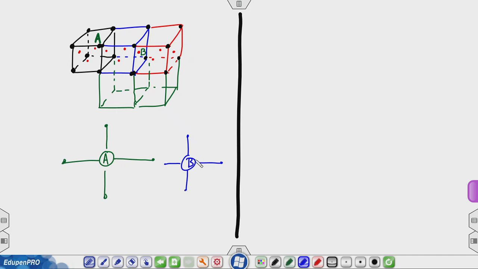Then it has these diagonals, but the orientation is changed. So, the orientation of points between A and B appears to be different.